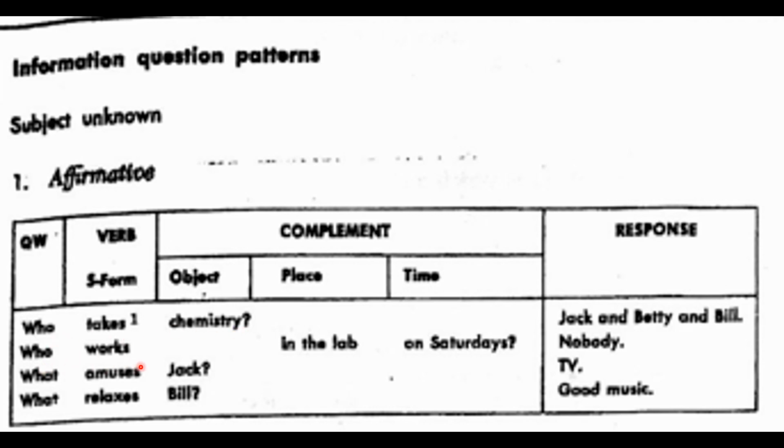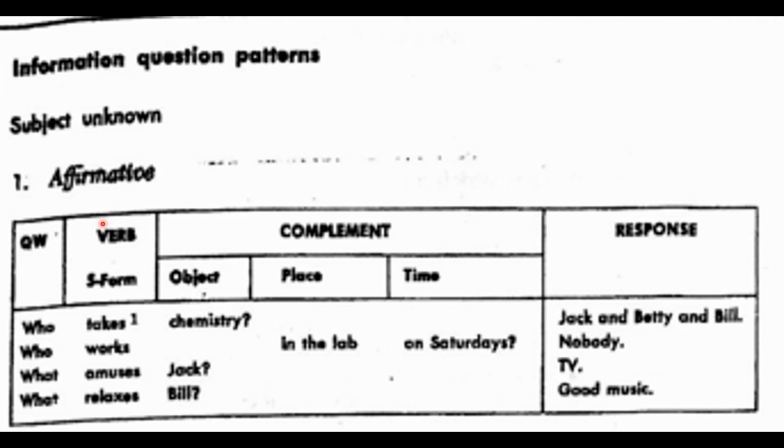Who works in the lab on Saturdays? We don't say who does work in the lab on Saturdays. What amuses Jack, not what does amuse Jack. What relaxes Bill, not what does relax Bill. That's because the subject is unknown. That's only in the affirmative case.